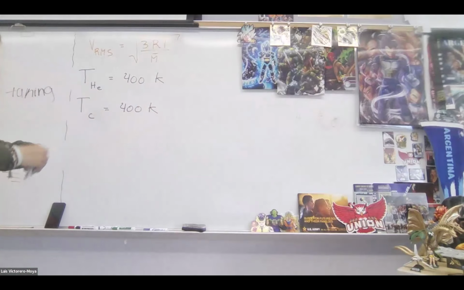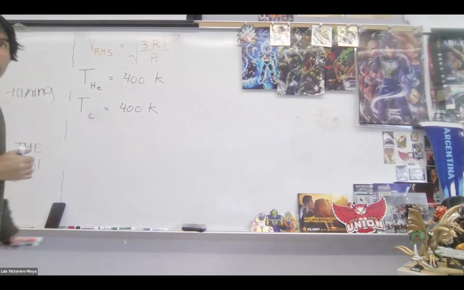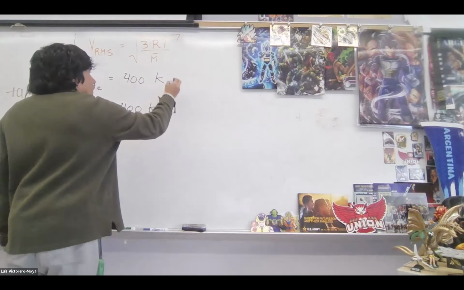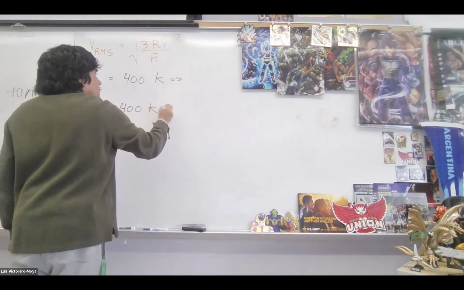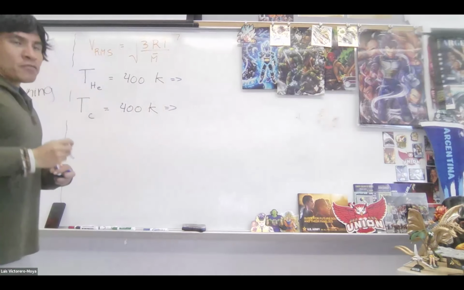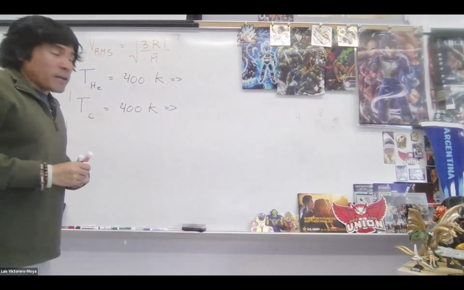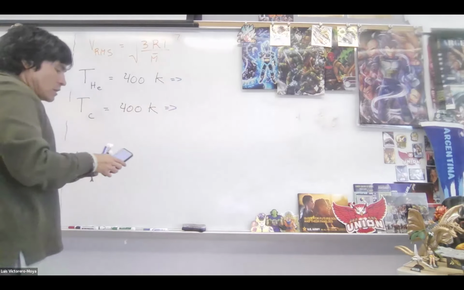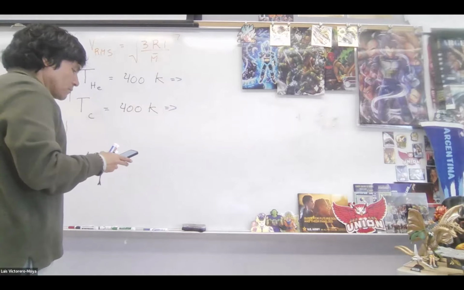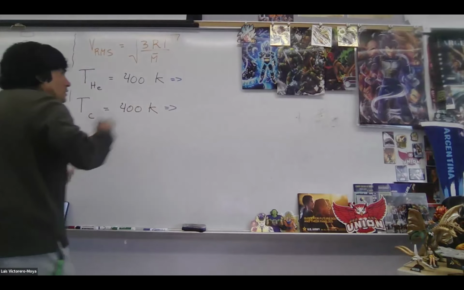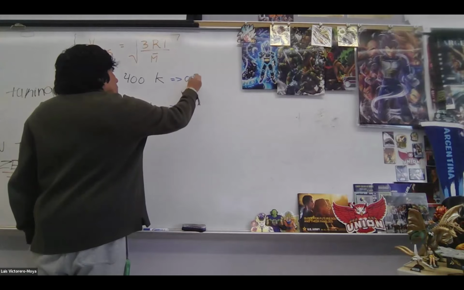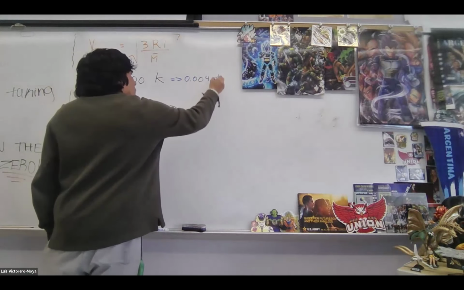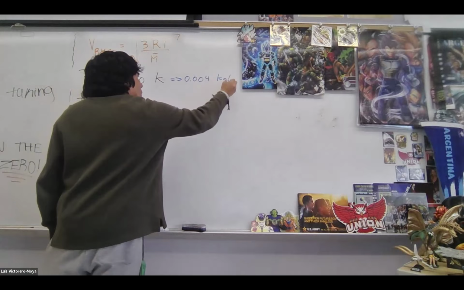Let's find their respective root mean square velocities. The molar mass for helium is 4, so that will be 4 divided by 1,000 in kilograms, 0.004 kilograms per mole.